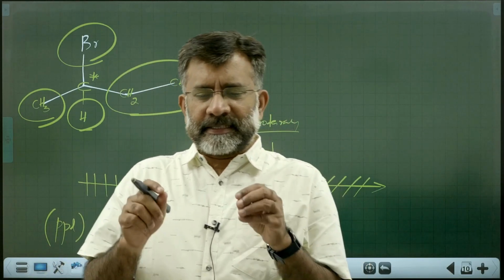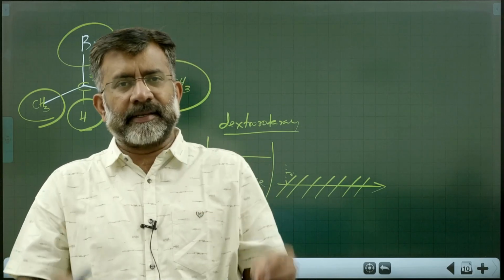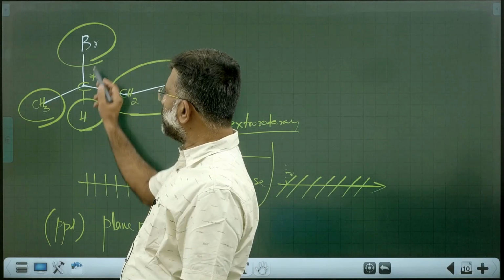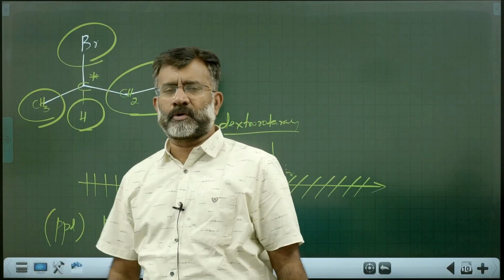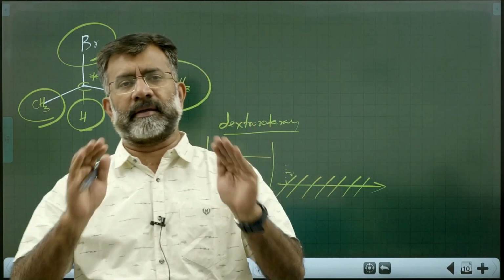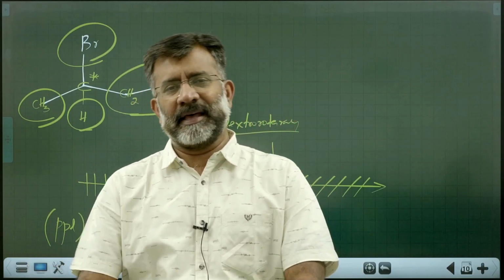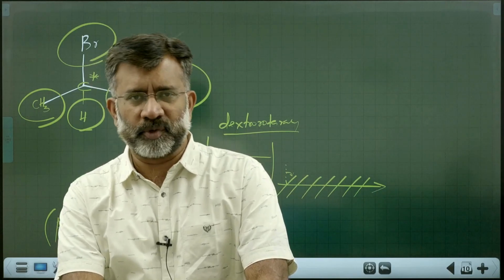So this is a general criterion for simple organic molecules. If you have a carbon with 4 different atoms or groups, that carbon is called chiral, an asymmetric carbon or chiral carbon, that performs optical isomerism.